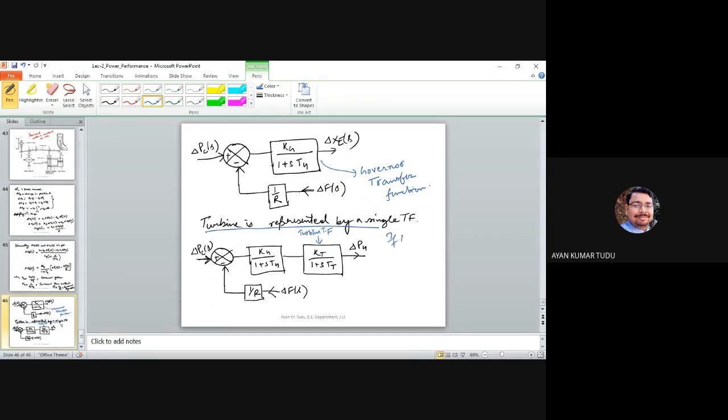If a reheat type turbine is considered, then the expression would be something like this.